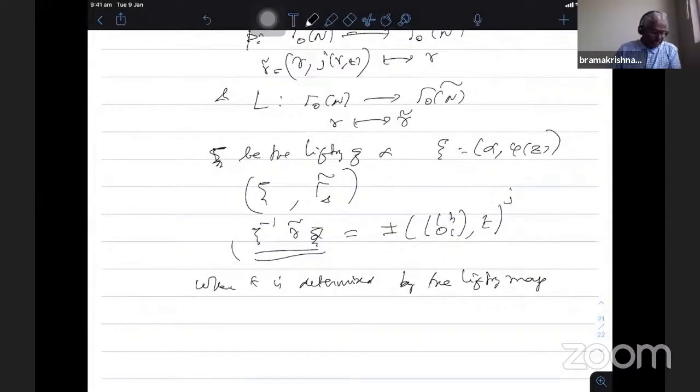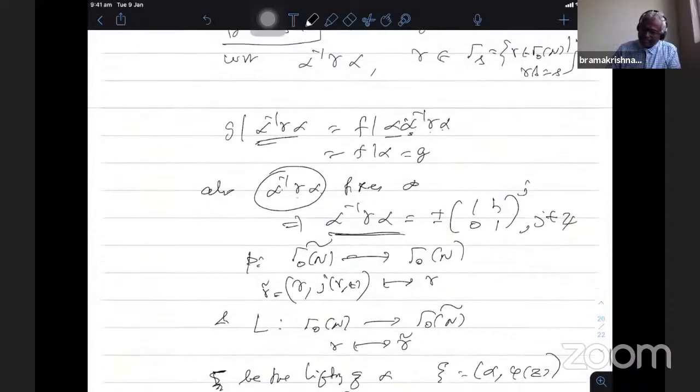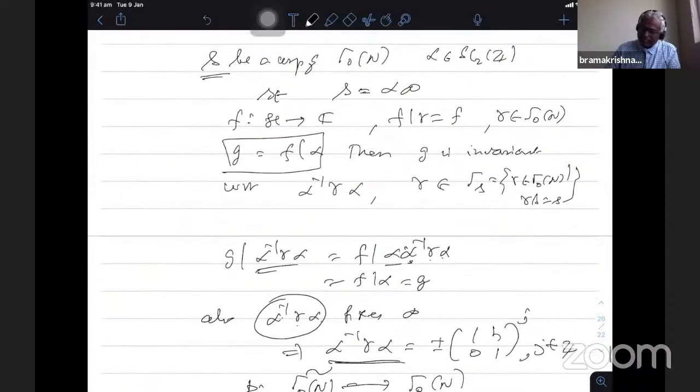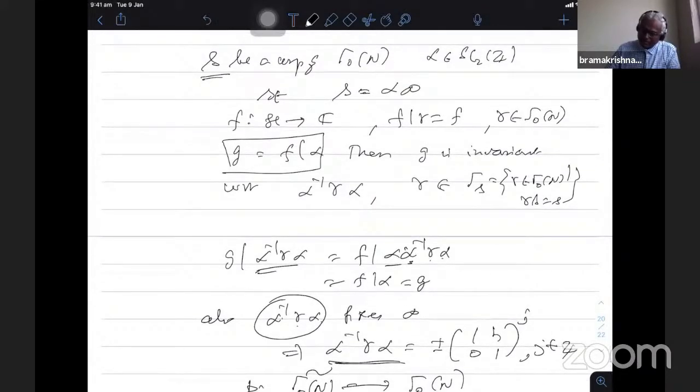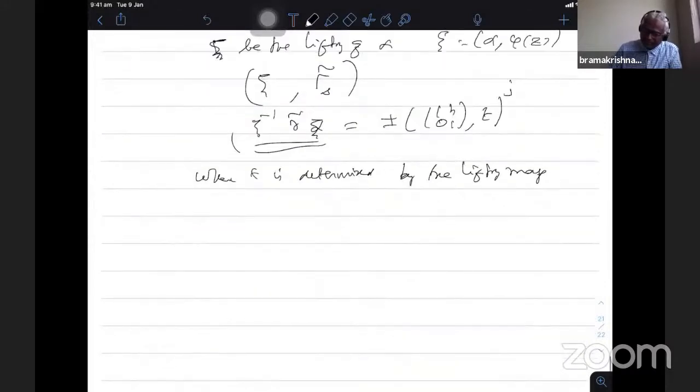Now, in the same way, we started with F, an automorphic form with respect to gamma 0 n. In the case of Archimedean weight, I take F automorphic with respect to the elements of gamma 0 n tilde, and then define G to be F bar alpha, where alpha means psi. So let F be such that F bar gamma equals F for all gamma tilde.